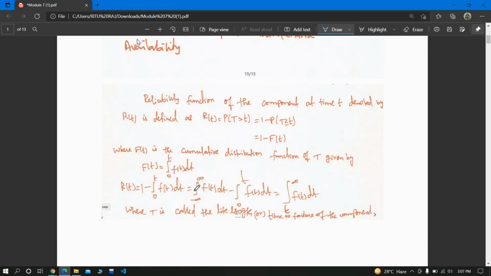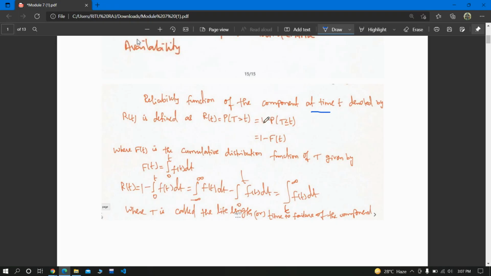So let us start. The reliability function of the component at time t is denoted by R of t, and it is defined as R of t equals probability of capital T, that is the time given, greater than small t.